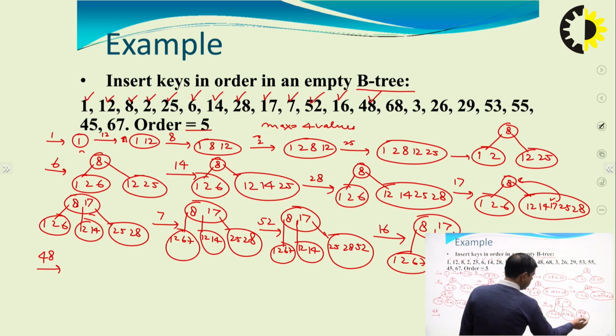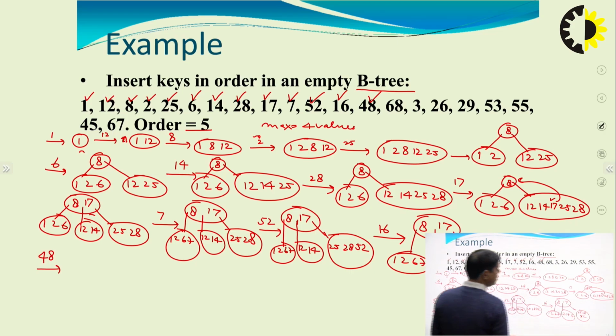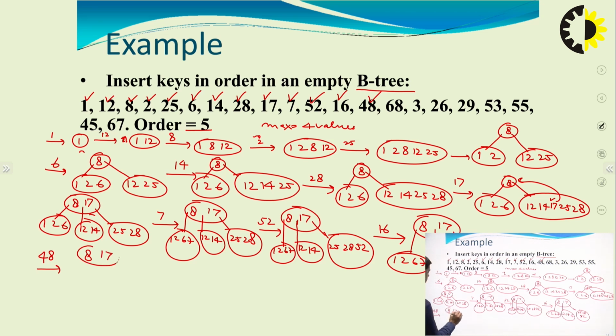We will go to this node. Now initially it contains only 3 values. 1 value can be put here, and it will be like this: 8, 17, 1, 2, 6, 7.